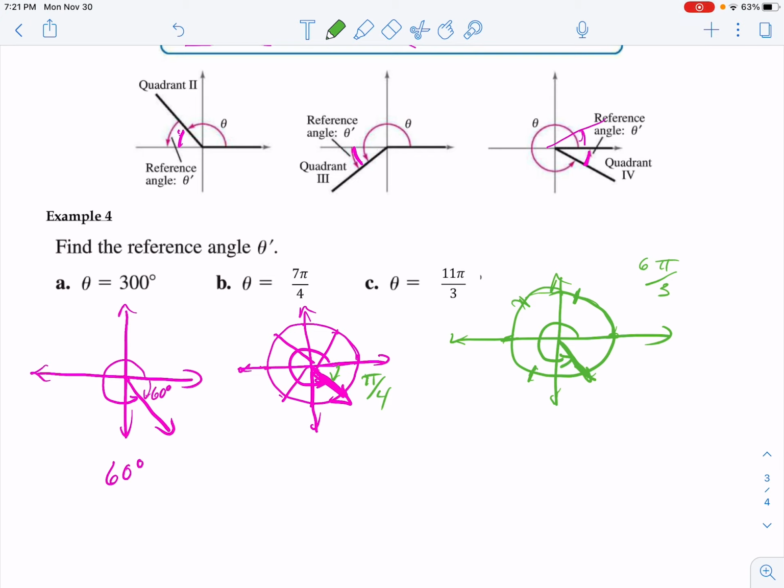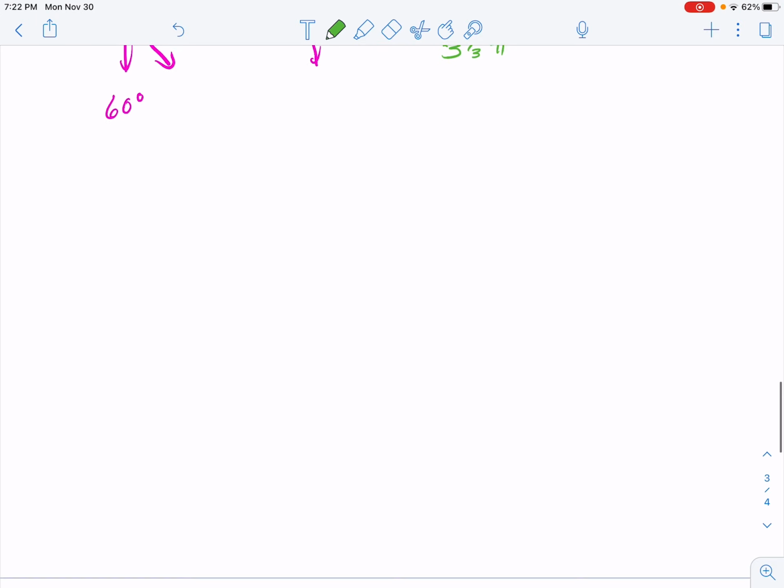But the truth is I went around the circle and then caught up with that, right? Because that's the same as three and 2/3 pi, right? So this is 1 pi, 2 pi, 3 pi, and 2/3. All I did was change my improper fraction to a mixed number.